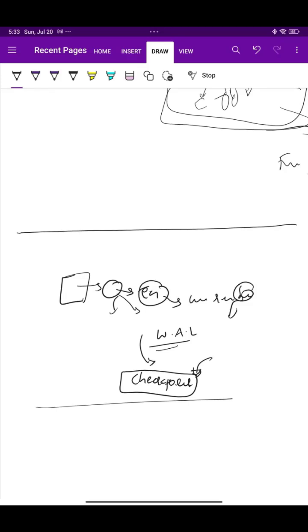The main goal of the lazy writer is to free up memory by writing the least recently used dirty pages to the disk. Okay, this point may be somewhat confusing. We will study this point later.